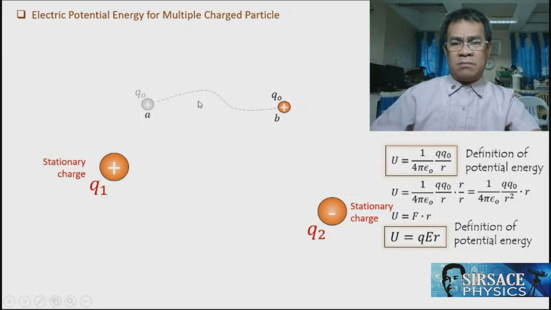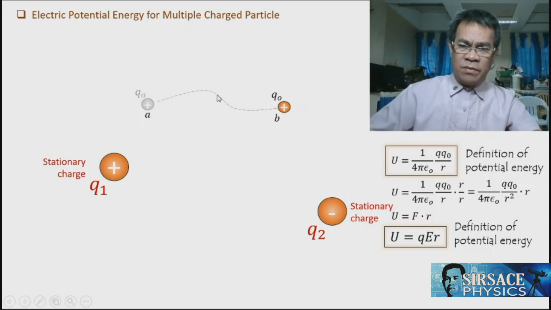It doesn't matter. What is needed is the change in potential energy. So regardless of what kind of curve, or maybe a straight path, as long as this is the initial and final point, the work done is the same. Okay? So suppose this is moving along this curve.